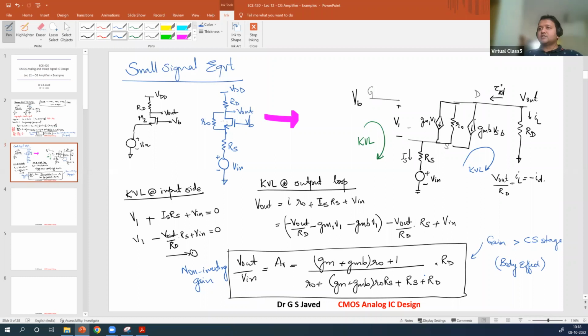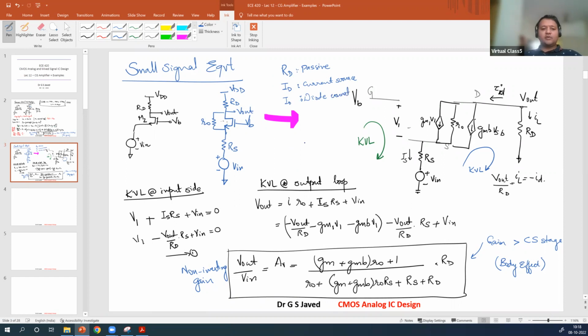Now, in this particular case, we have assumed that the RD is passive. Right? Now, what happens if RD is replaced with an active source? RD is replaced by ID, which is a current source, or you can use ID as a diode connected supply, an active source.